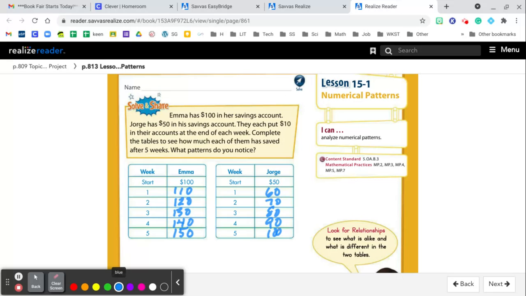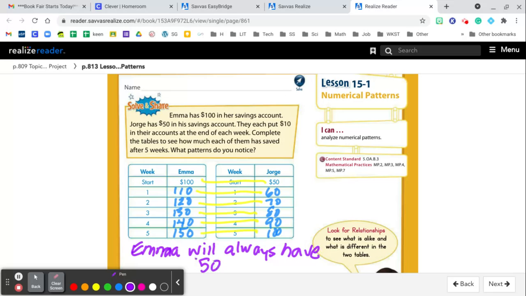And what can you say about these values? If we compare 110 and 60, 120 and 70, 130 and 80, 140 and 90, 150 and 100, we're going to say Emma will always have $50 more than Jorge.